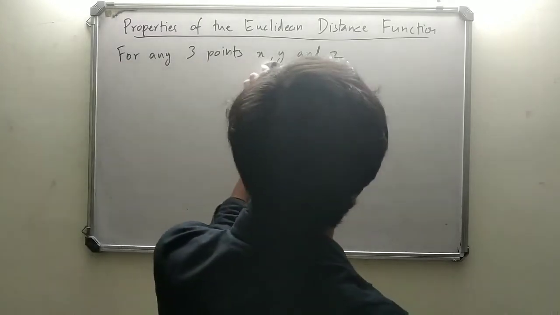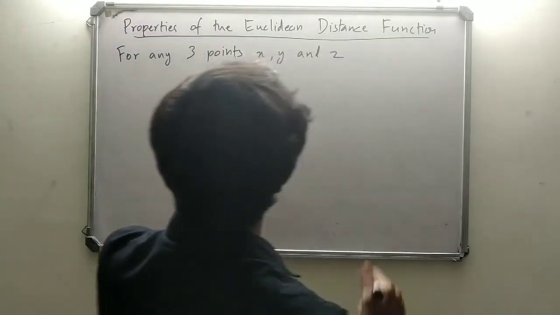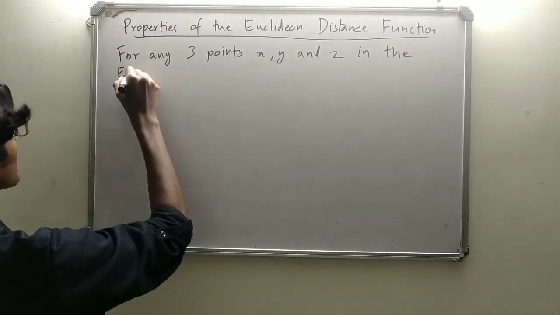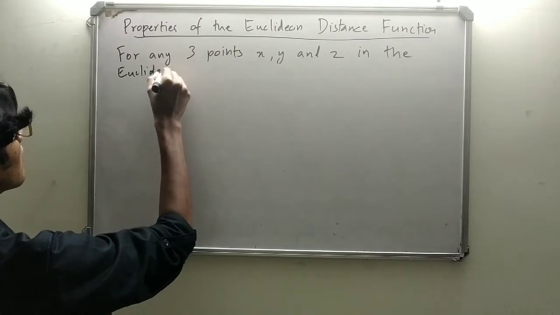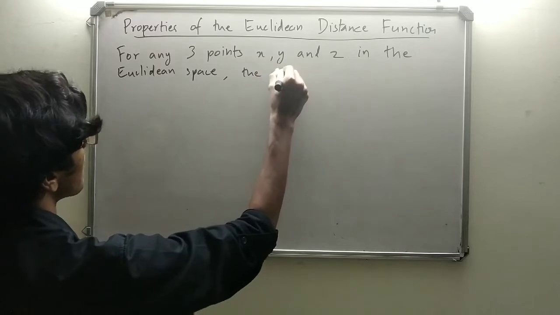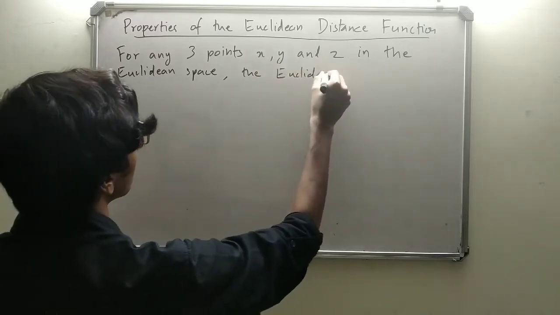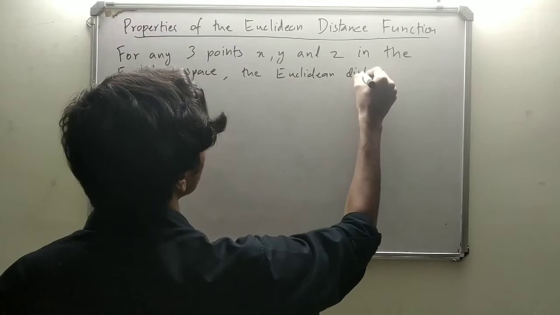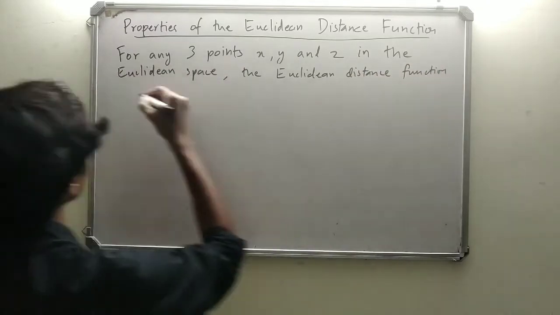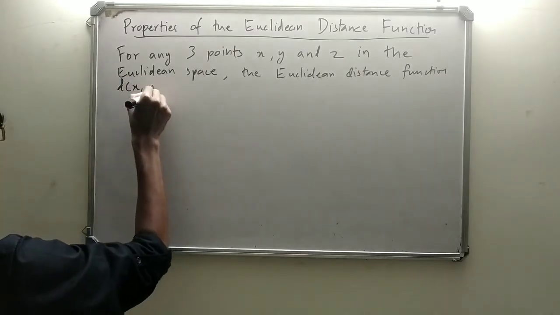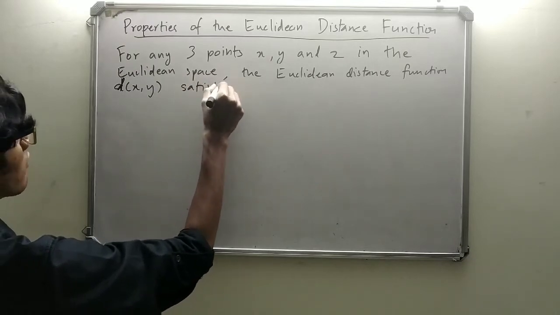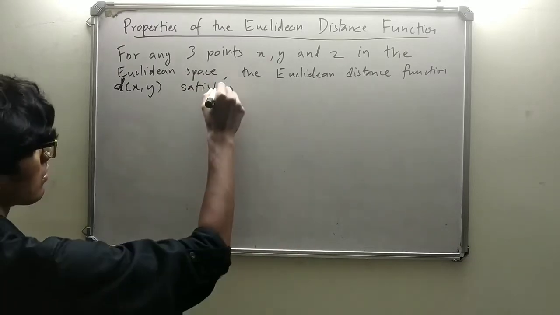So for any 3 points x, y and z in the Euclidean space, the Euclidean distance function d of xy satisfies the following four properties.